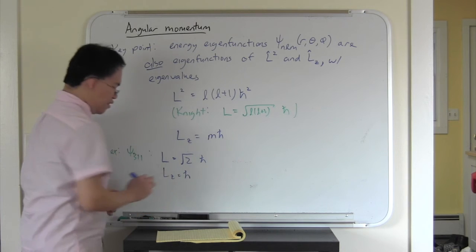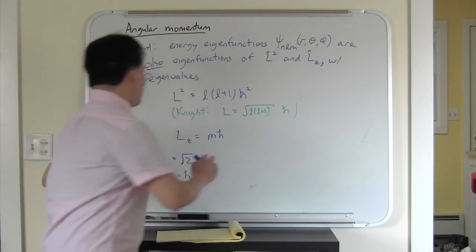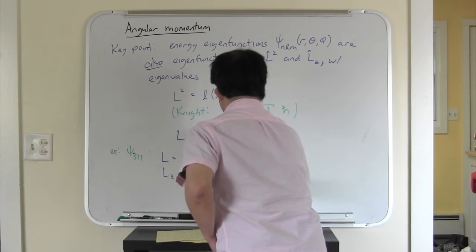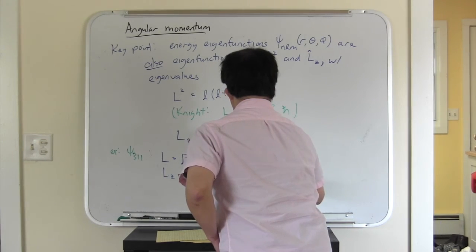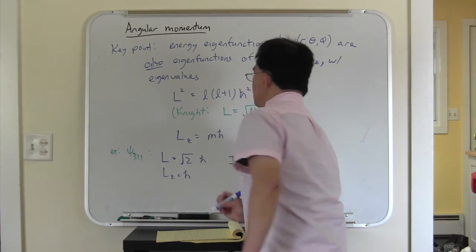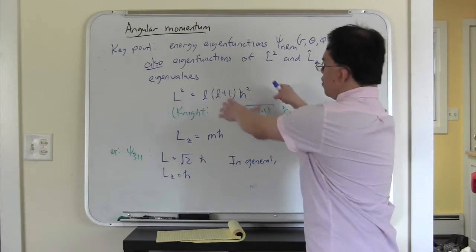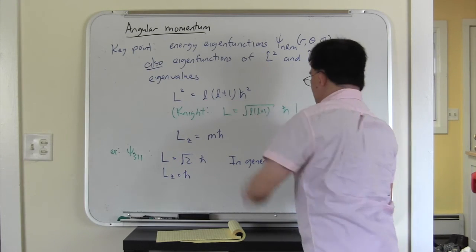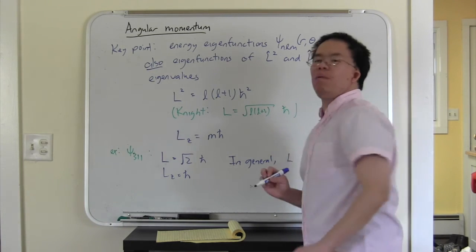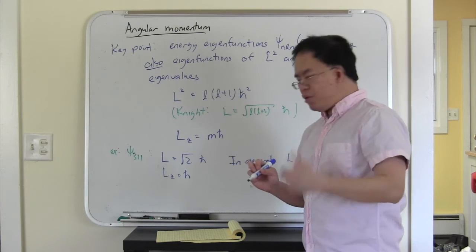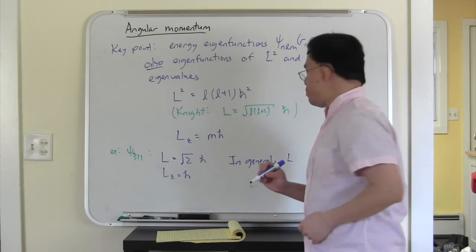What this says in general is the following. If I look at L, the square root of this eigenvalue, L is always going to be larger than L sub z.